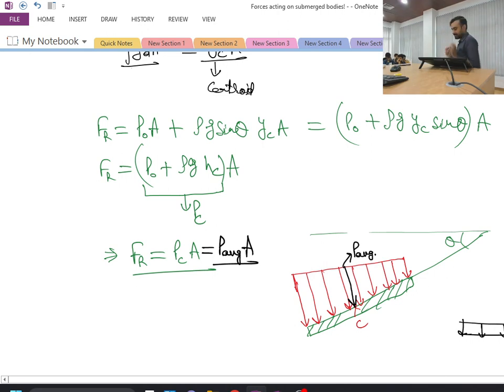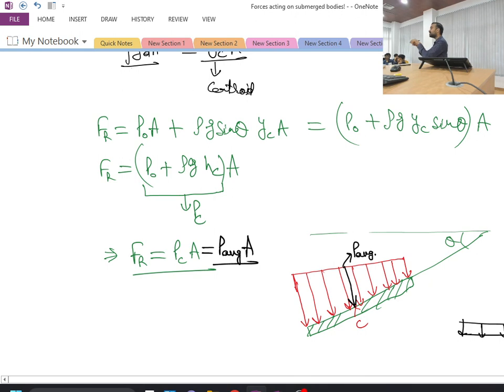So if I have to consider the net resultant force coming from this distribution over the entire body, I can represent that complete force with an equivalent point force at the center. Is this point clear? What I am trying to say?